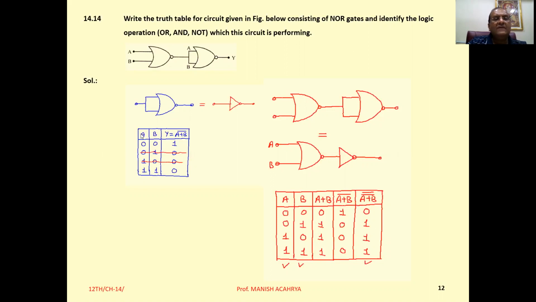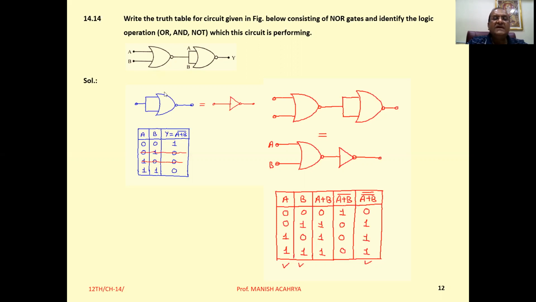Its truth table, A, B: 0, 0, output 1; 0, 1, 0; 1, 0, 0; 1, 1, 0. But when the two inputs are short circuited, then the 0, 1 and 1, 0 choices are not possible. So resultantly, we will get 0 to 1 and 1 to 0.